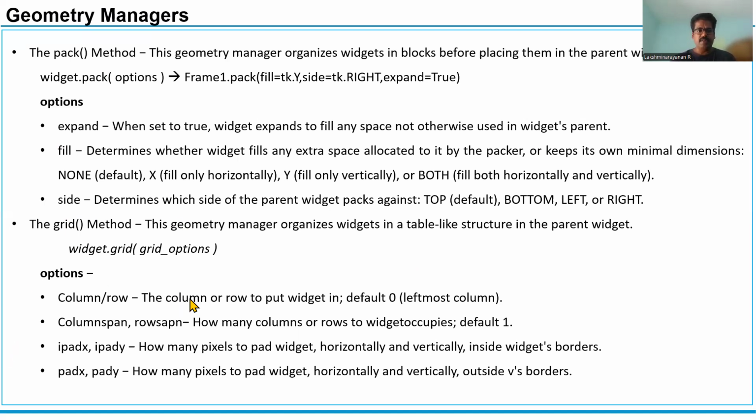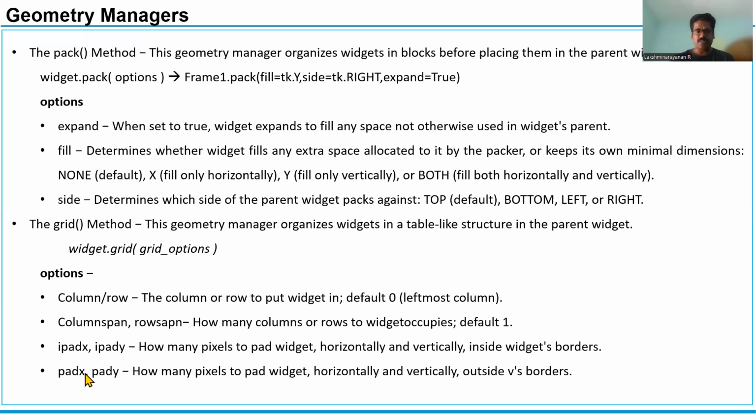Users can modify these by their own wish, how they want to display their own window. This grid method works with columns and rows. The column span will show you the size of the column, and ipadx is the size of that single grid.